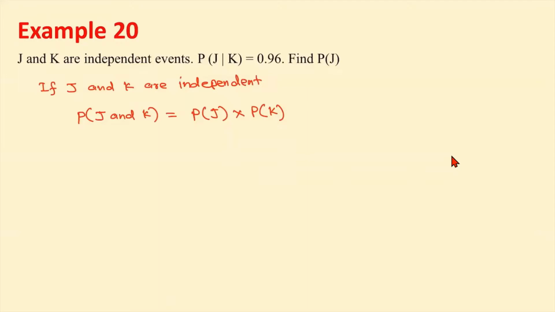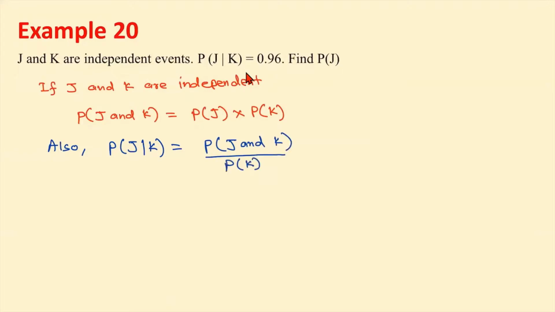Also, you can see here we have the conditional probability. So also what we know is for the conditional probability, probability of J given K is equal to probability of J and K divided by probability of K. So this is from the conditional probability. So here is one fraction. We can also write probability of J given K as a fraction like this, so that we can simplify using cross multiplication.